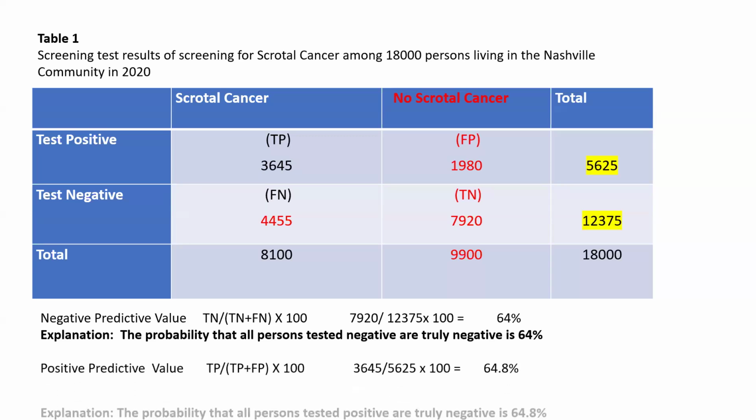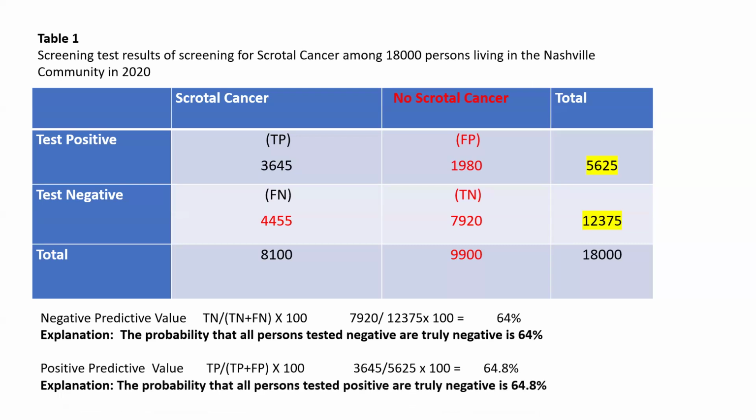A similar explanation is provided for the positive predictive value, where if you are tested and you got a positive test, the likelihood that that test is true is a 64.8% chance. That may be low. We would most prefer it to be in the 80s and above, but for what it is worth, this is what is happening.